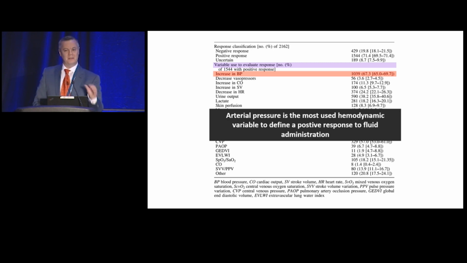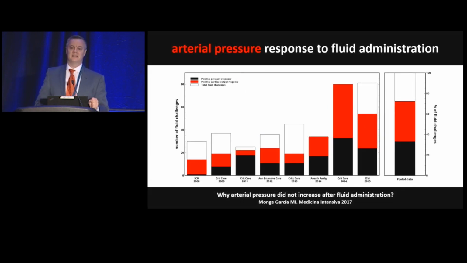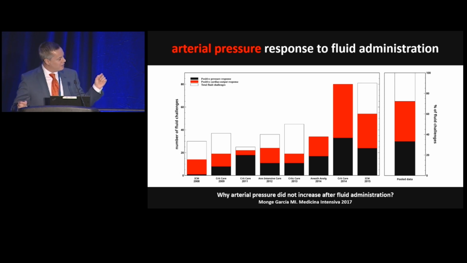administration. But let's see this graph. You will see here different papers in which the patients receive a fluid challenge and the cardiac output increases. The box is related to the number of fluid challenges. You will see in red the positive cardiac output response, defined as more than 15% with respect to the baseline value.